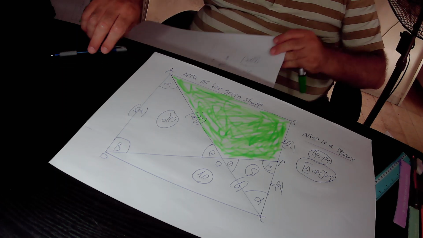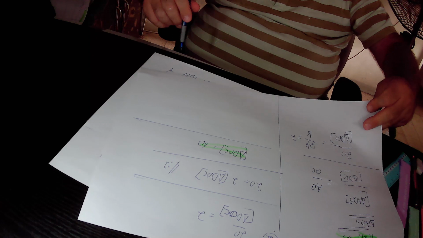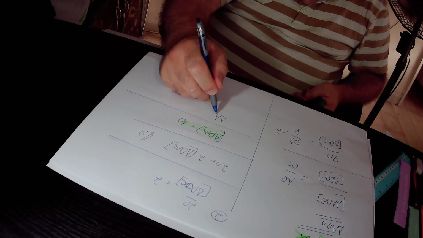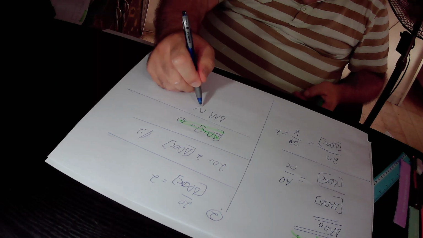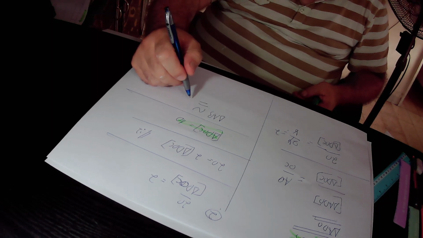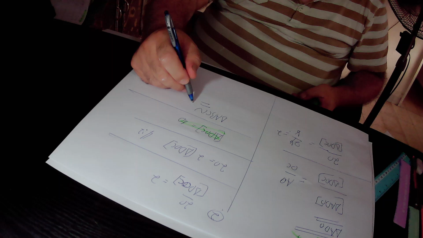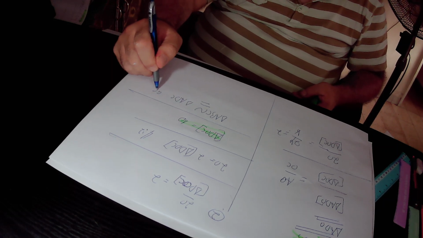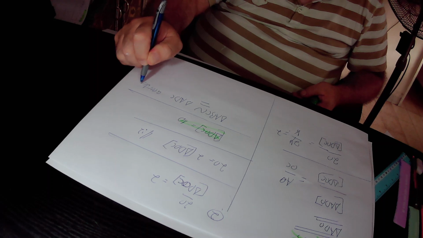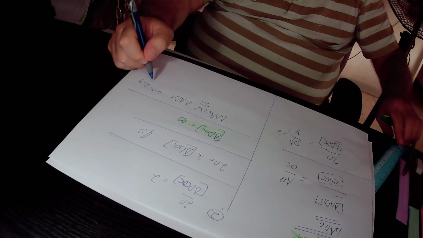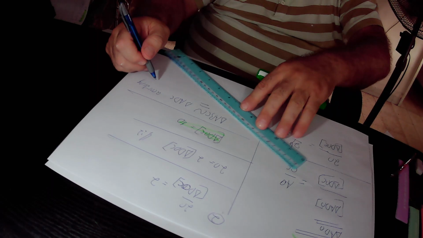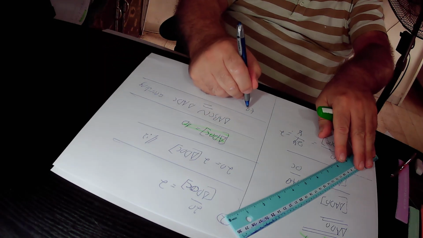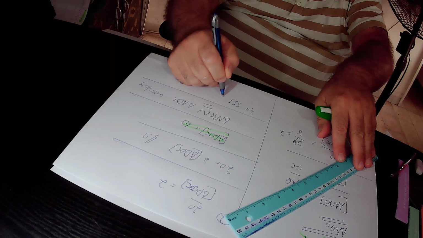So I write it down. I found out that the right triangle ABC is congruent, this is the sign of congruent, to the right triangle ADC according to side rule.